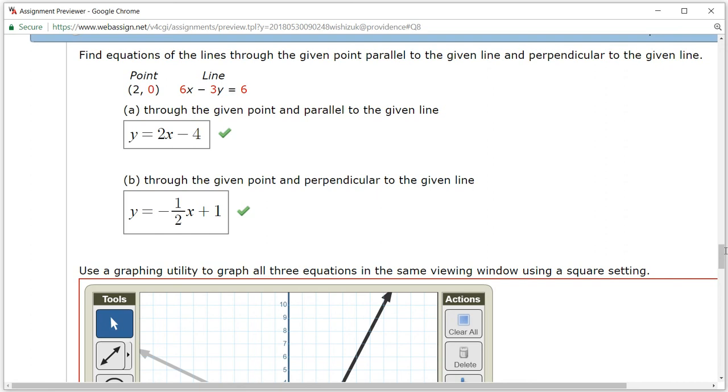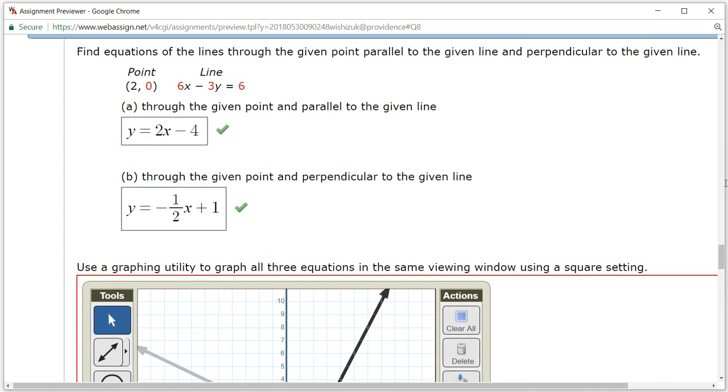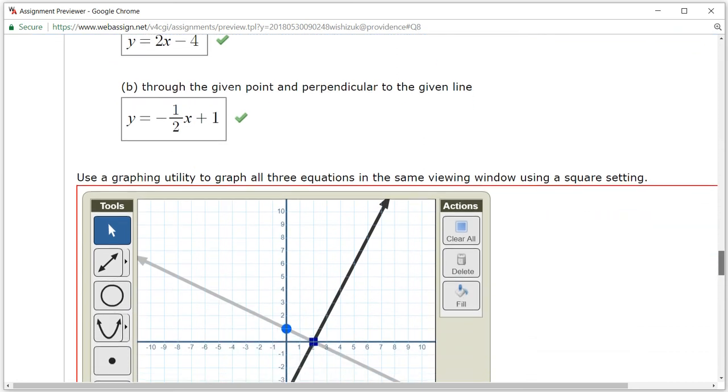So 6x equals 6, which means that x equals 1. Then for the y-intercept we set x equal to 0, so you have negative 3y equals 6, so y is going to be negative 2. So the x-intercept is 1, the y-intercept is negative 2, so that's probably good enough.